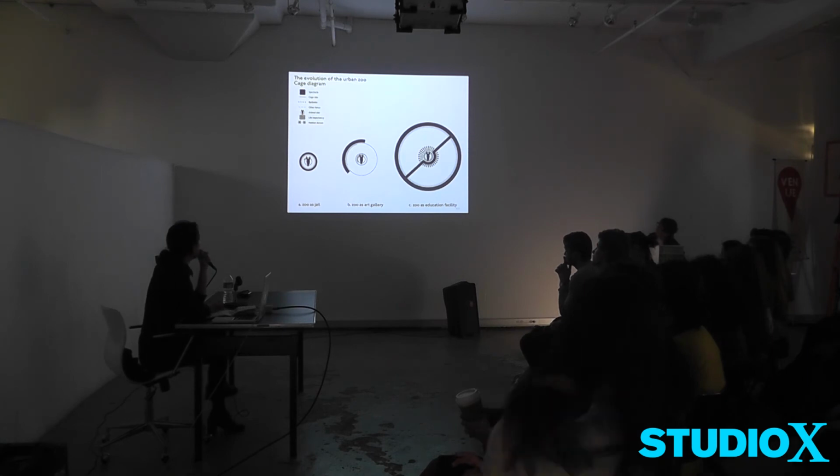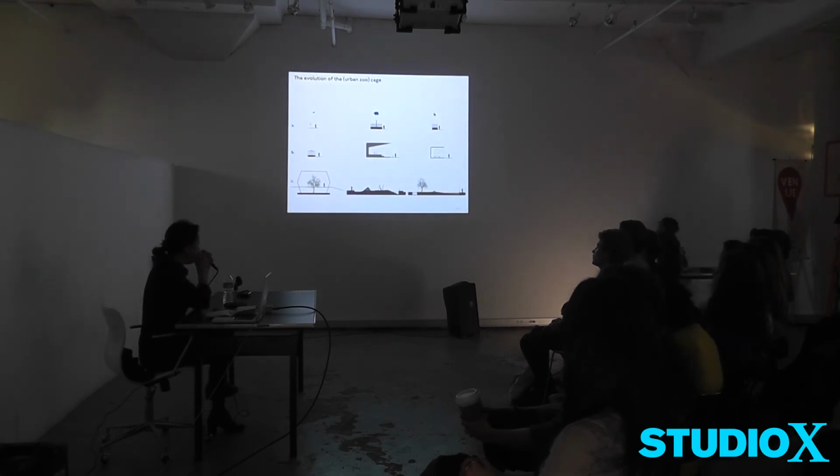These are a series of diagrams showing the transformation of the cage over a long time, and in section. So this is zoo as a jail, zoo as an art gallery, and zoo as an educational facility.